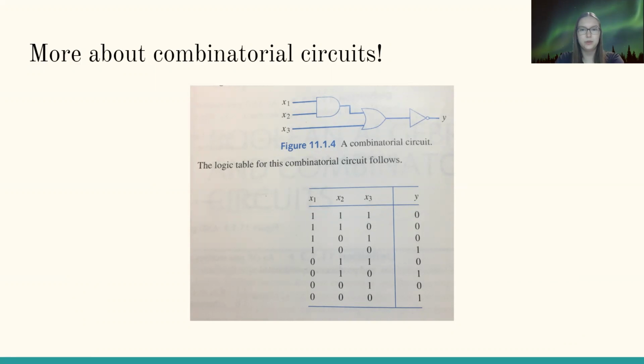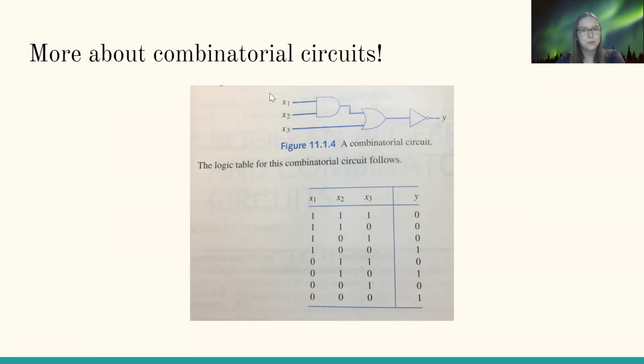So not just for the individual gates anymore, but we can say, hey, this circuit has 3 inputs. So we can look at all the combinations of 1s and 0s that are possible for those inputs. And then we can see what the output will be each time. And we can do this by just following through the diagram.